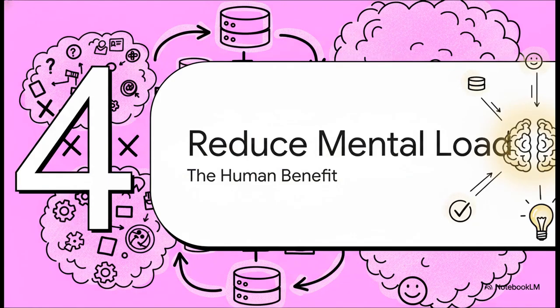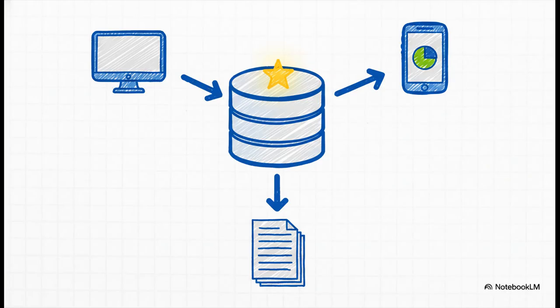And look, this is way more than just a cool technical trick. Connecting our data like this has a real, profound, human benefit. It dramatically reduces our mental load. This whole architecture enforces what system designers call the single source of truth. It's a core principle. It just means your data lives in one and only one place. Everything else you see is just a view or a calculation of that one true source.